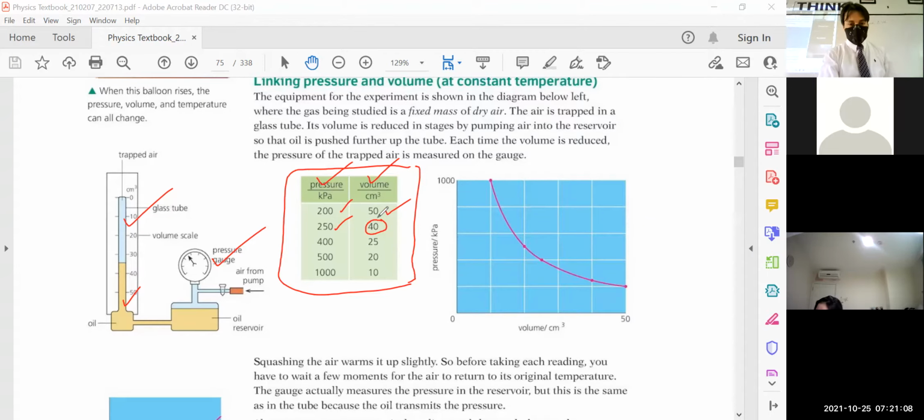And if we keep increasing the pressure here, 400, 500, and 1000 kilopascal, then you look at the observation made during this experiment, that the volume is decreasing and decreasing. Rajat, are you listening? From this experiment, it is observed if we increase the pressure of a gas.